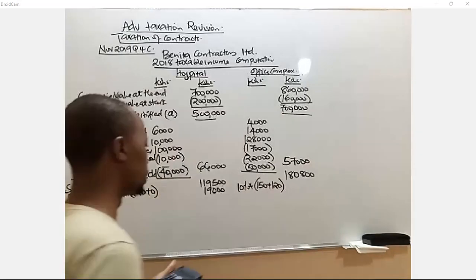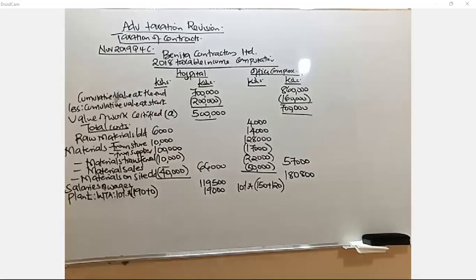What about the additional information where we are told that the WDA on plant was provided at the rate of 12.5% per annum? But that rate was for those earlier periods. Remember, I'm just doing the question. You are not going to be using 12.5%. The rate that we are going to be using for the plant will be 10% under the new review which took place during the period of 2020. So you cannot use 12.5% right now.